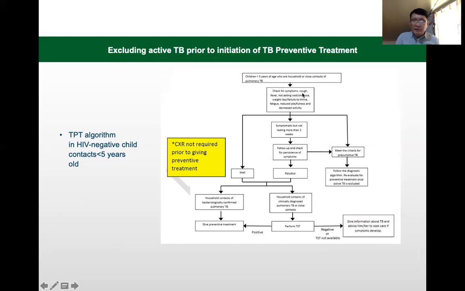So we check for symptoms again. For children: fever, not eating well, anorexia, weight loss, failure to gain weight, fatigue, reduced playfulness, and decreased activity. These are actually the signs and symptoms for TB in children.